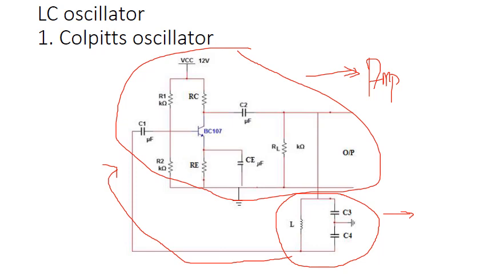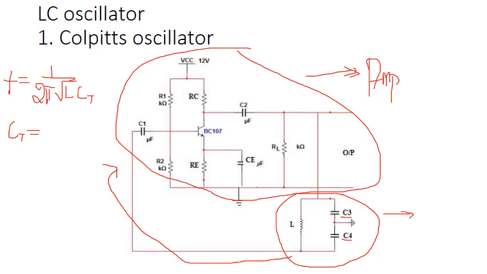The frequency of oscillation in this circuit is F equals 1 upon 2 pi square root of L C total. L and C are in the tank circuit. C total is these two capacitors C3 and C4.